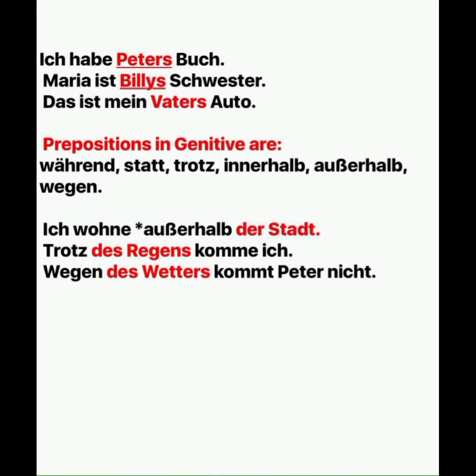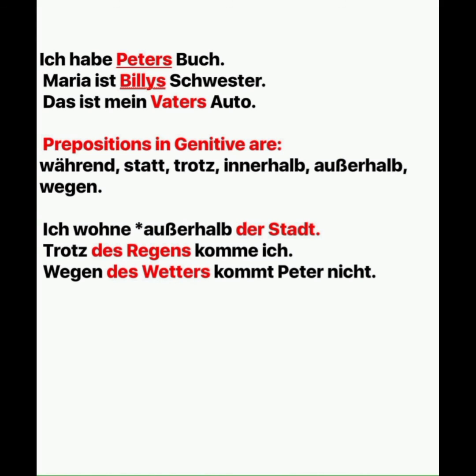Trotz, which is despite. Then you have innerhalb, which is inside. Then you have außerhalb, which is outside. And then you have wegen, which means due to or because of.